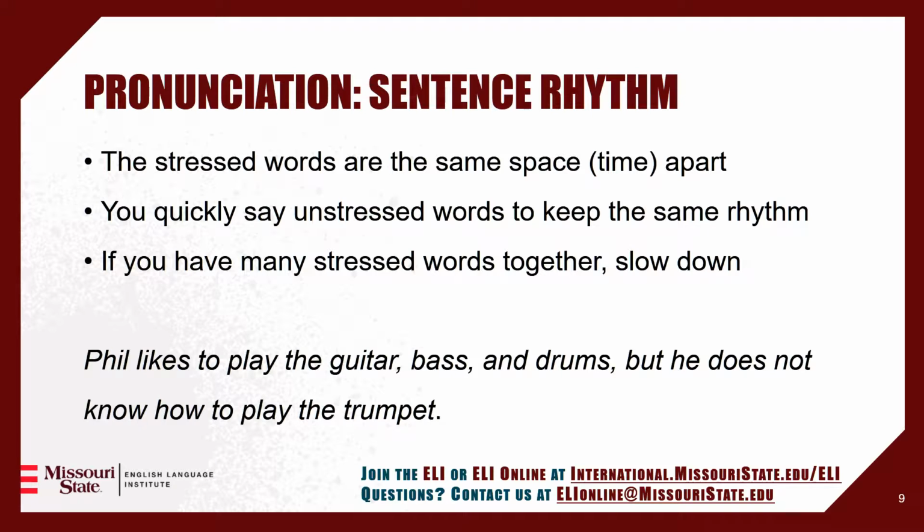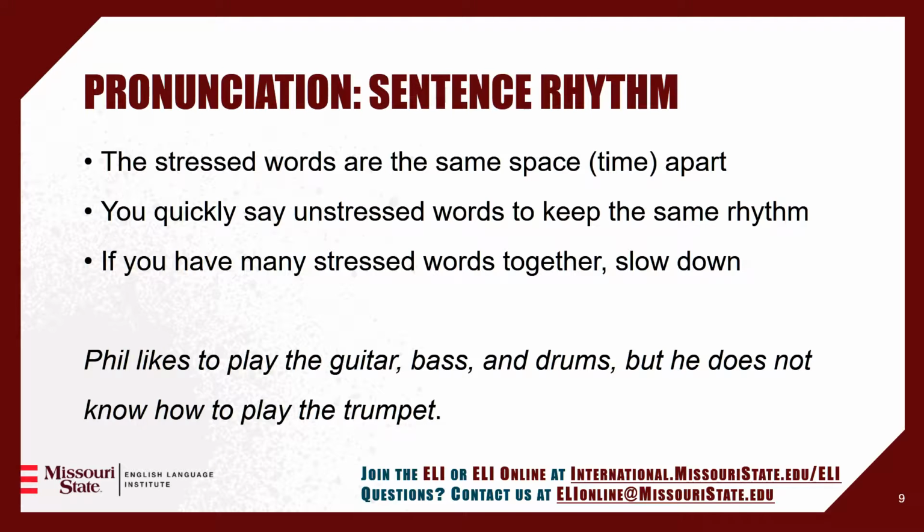Okay, so sentence stress comes together to make a kind of sentence rhythm. Okay, rhythm is a music word, and it's where the sounds, the notes in music come together in time or in space. Okay, so stressed words, they are spaced in a similar way.